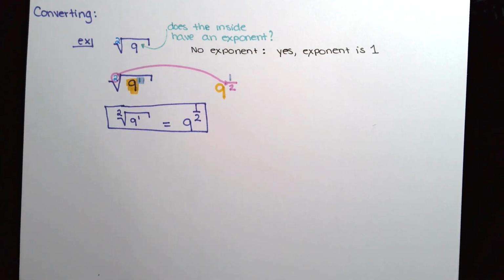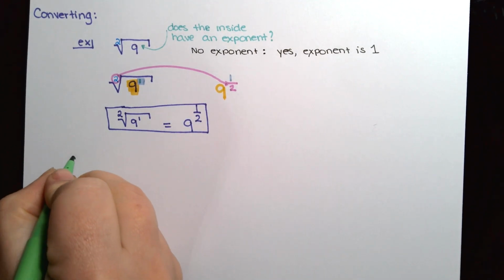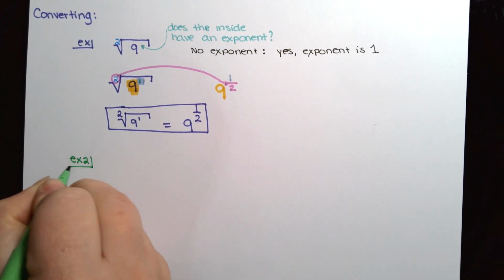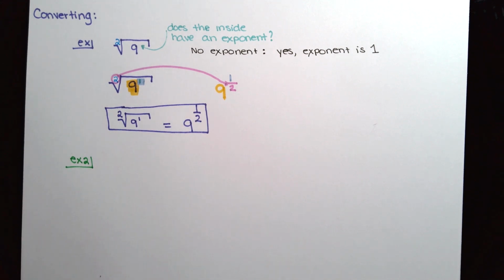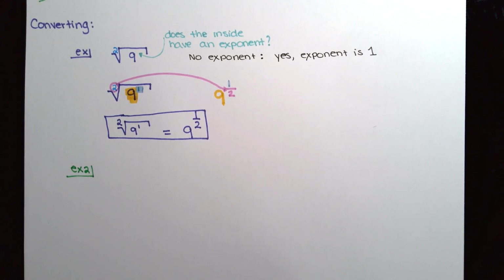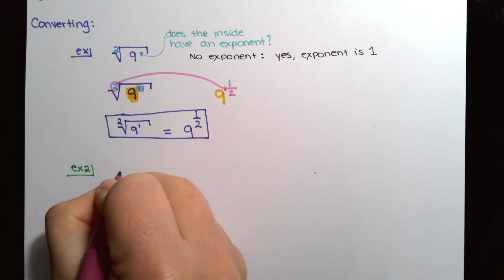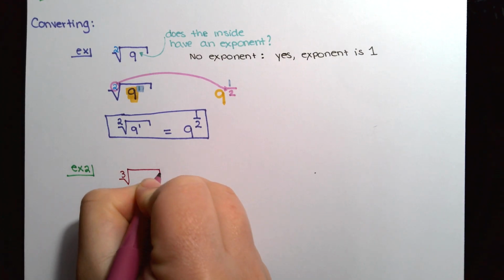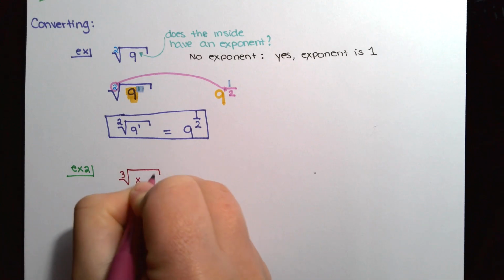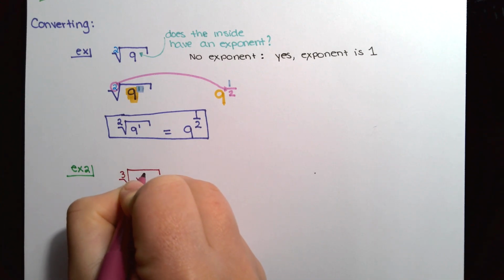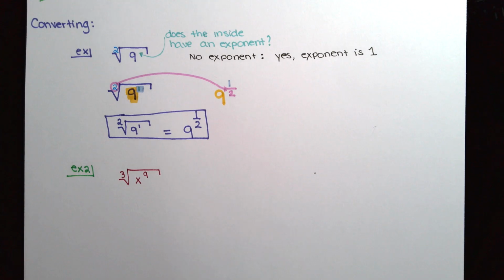But sometimes they'll give you things like x's and a's and y's. So let's do example 2. We're still converting from a radical to a rational exponent, but sometimes they'll give you things like, let's say, cube root of x to the ninth power.